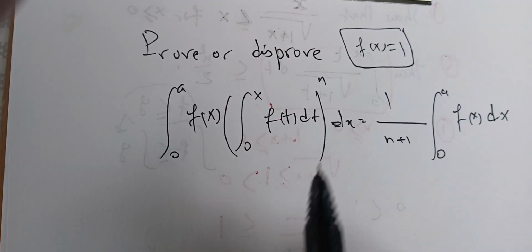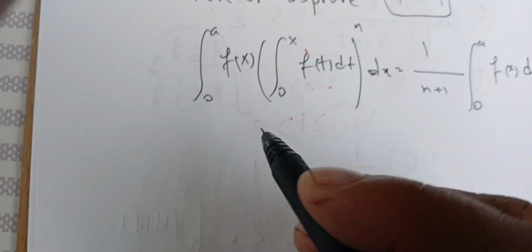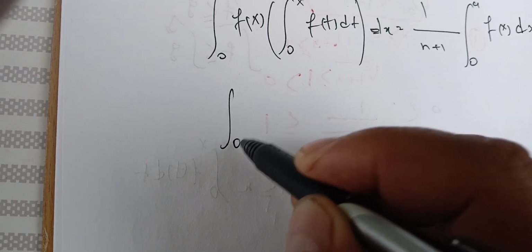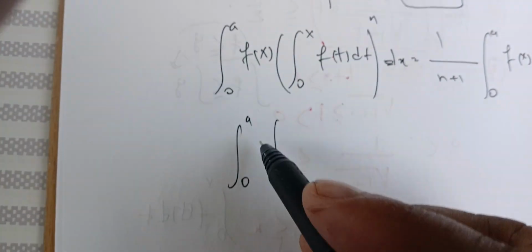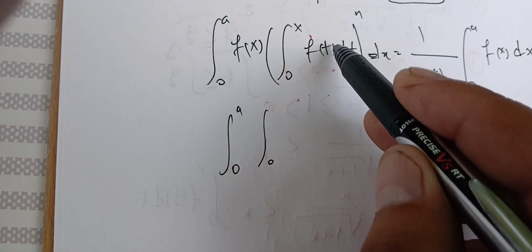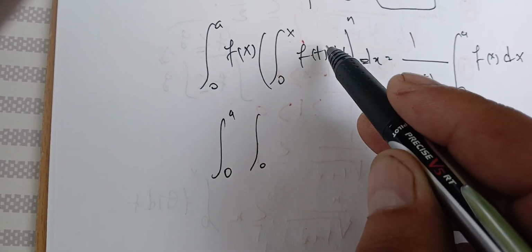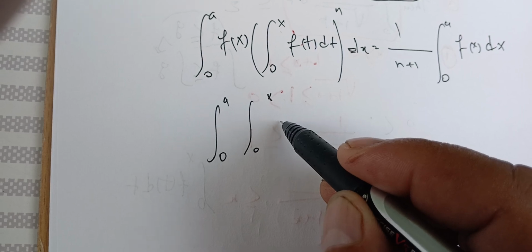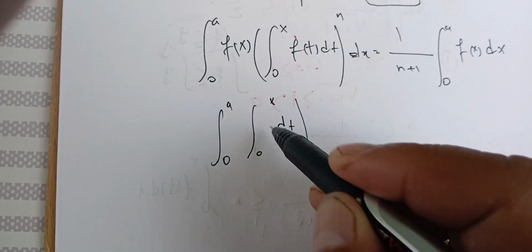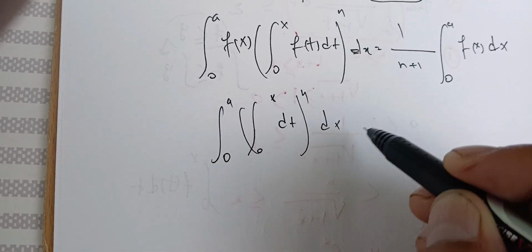Okay, once I do so, this left integral is going to be the integral between 0 and a of f of x, which is 1, and here f of t is just going to be 1, and therefore I have the integral between 0 and x of dt to the power n dx.